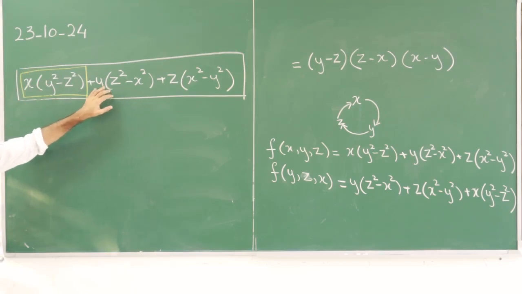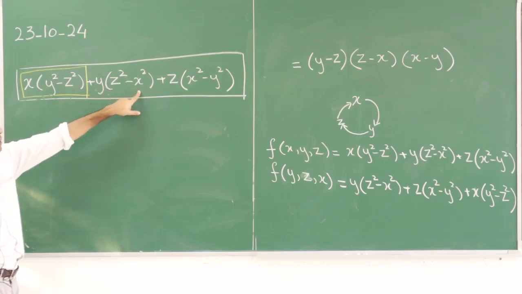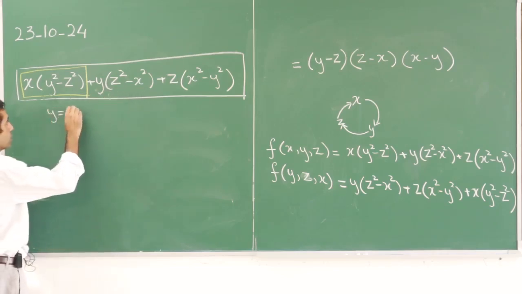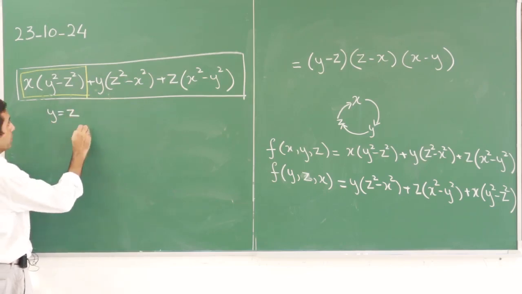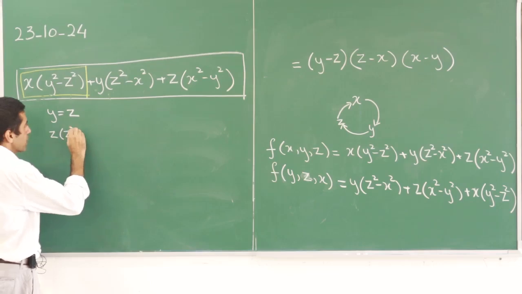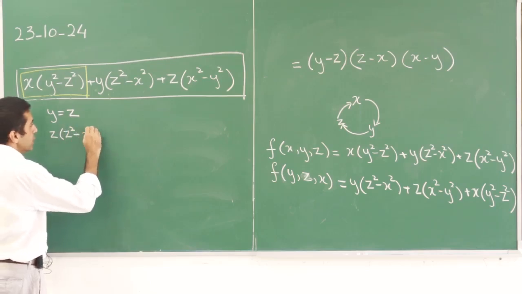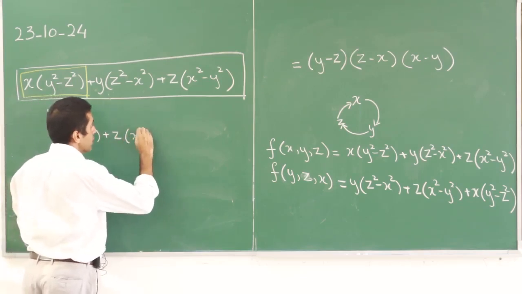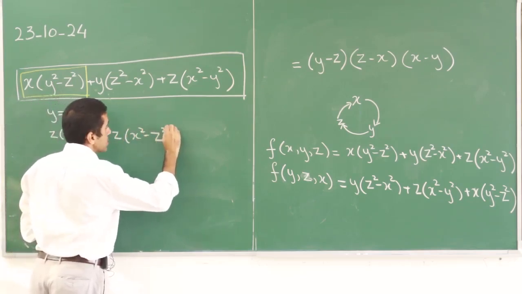So what's this term equal to? When y is equal to z, this will be equal to z multiplied by z squared minus y squared, right? So when y is equal to z, this polynomial becomes z into z squared minus x squared plus z x squared minus z squared.